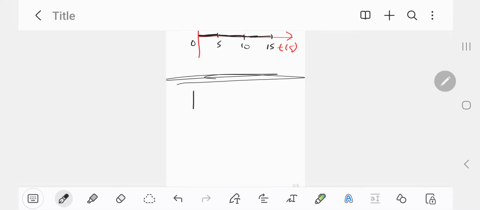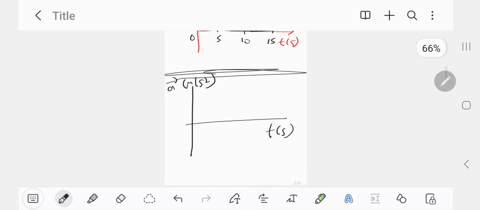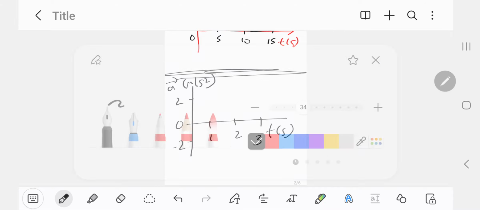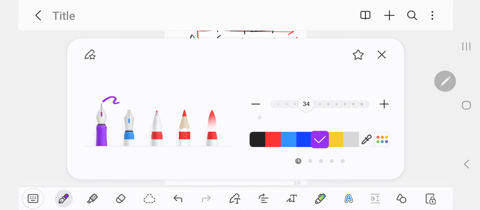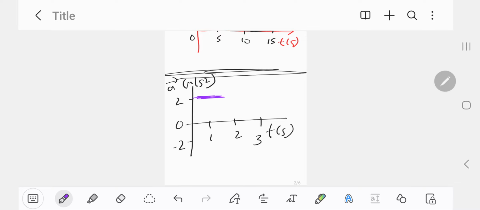Okay, let me give you this. Time in seconds, acceleration in meters per second squared: 2, 0, minus 2, and times 1, 2, 3. Suppose you have a flat line like that, then you have this, and then this.